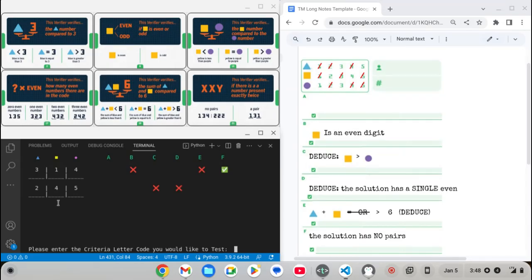Oh, you know what, though? Wow, this happened in a previous puzzle. I don't think I can test criteria card A because the last values that are valid are either triangle equal to 3 or greater than 3, and I did not pick that.